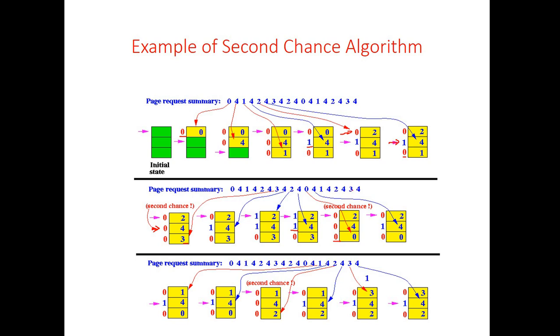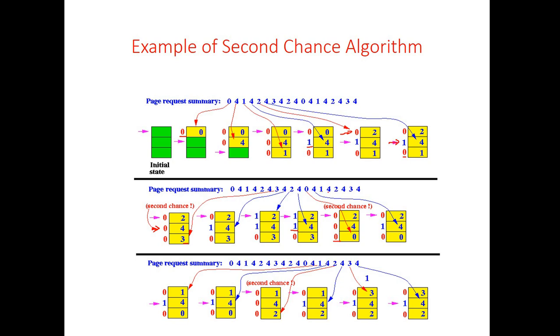In future, if 0 is referenced, then the corresponding entry will be marked 1. Now when page 4 is referenced again, the corresponding reference bit will be turned to 1. That indicates that we are going to give a second chance again.